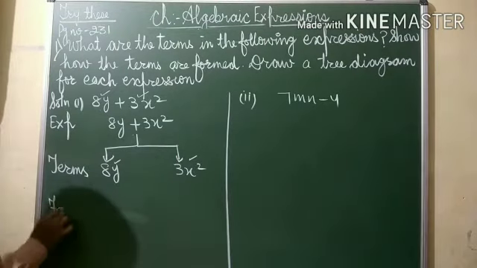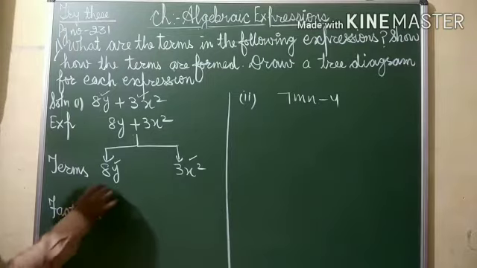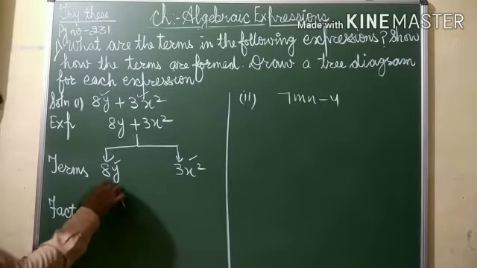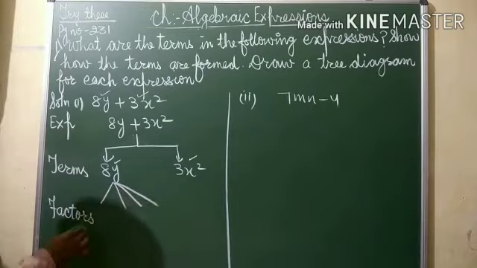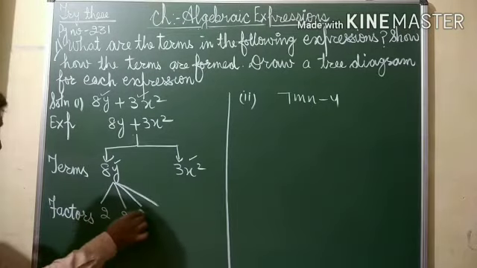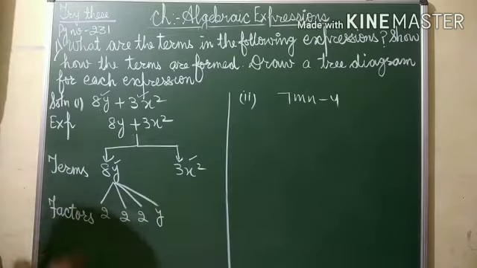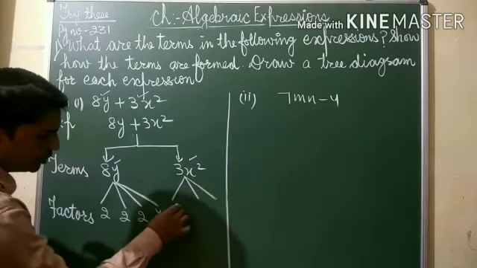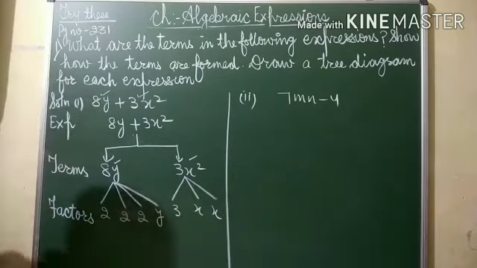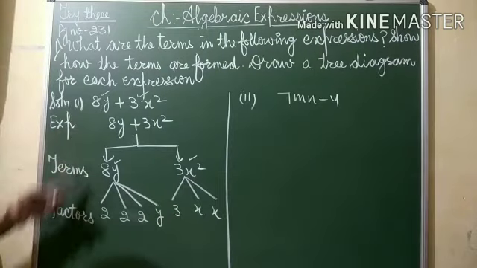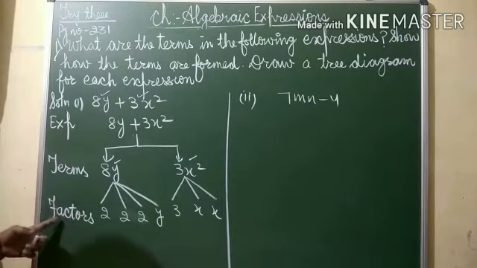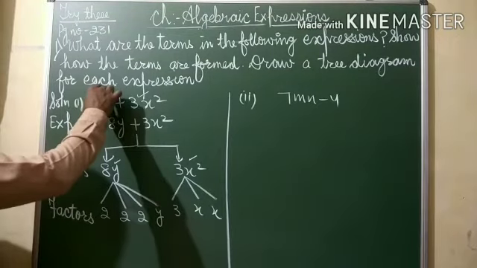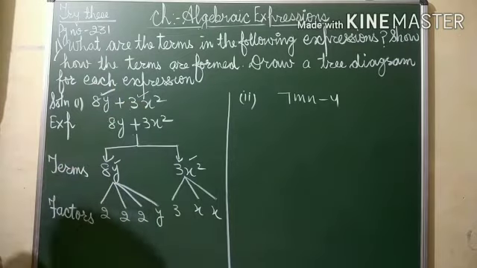So here write factors, and first of all write the factors of 8y, which can be written as 2, 2, 2 and y, because 8 has factors 2, 2 and 2. Similarly, 3x square can be factorized as 3, x, x. So this is the required tree diagram to represent terms and factors of the given expression 8y plus 3x square.